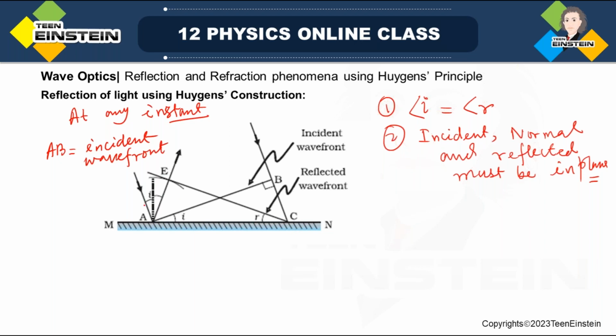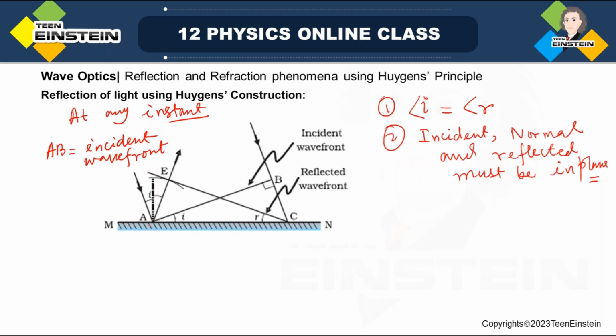That means what? The wavefront will touch or meet the reflecting surface MN at A first.